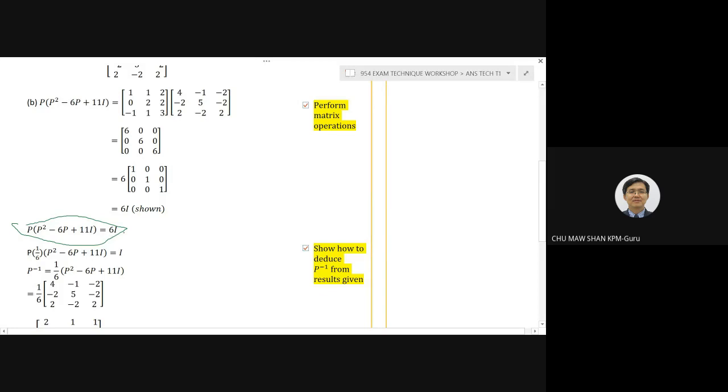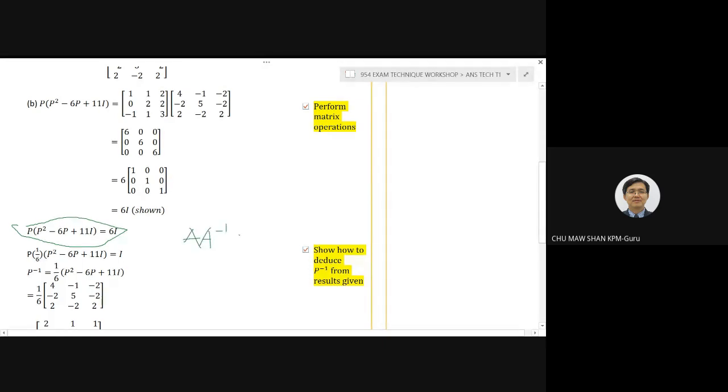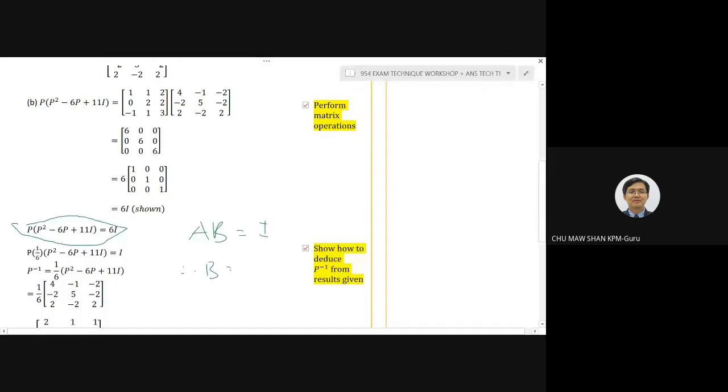The right hand side become 1i. Here divided by 6, put here, purposely put in between, so that we can recognize the form like A inverse A, like AB equals to I. It means that B must be the inverse of A, using this one. So this 1/6 time bracket must be the inverse of P.